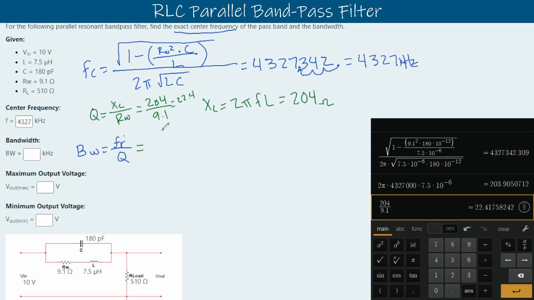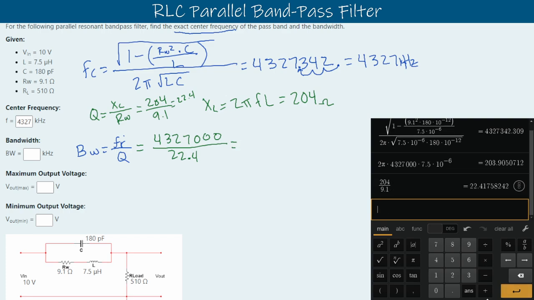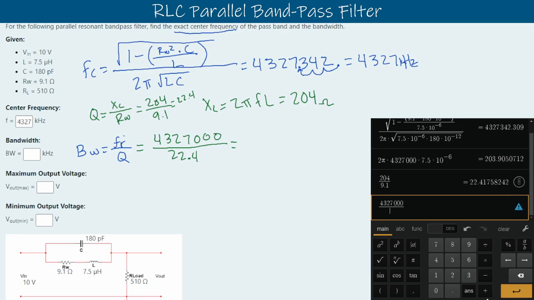And we can set this equal to our resonant frequency on top, 4327000, divided by our 22.4 for our Q value. We'll set that out. 4327000 divided by 22.4.